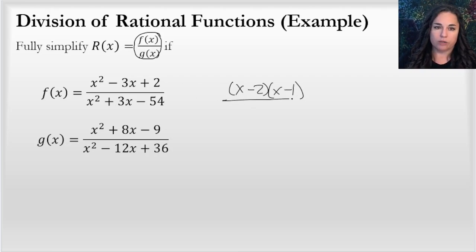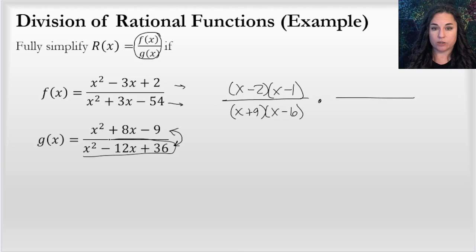I'm going to factor the denominator here. So I get 54, that's 9 times 6, so I get x plus 9 times x minus 6. When I divide two functions, that's the same as multiplying by the reciprocal of the second function. So when I factor these up here, I'm going to switch the top and bottom.